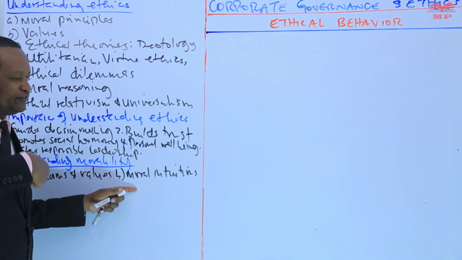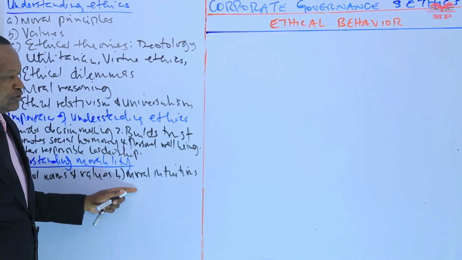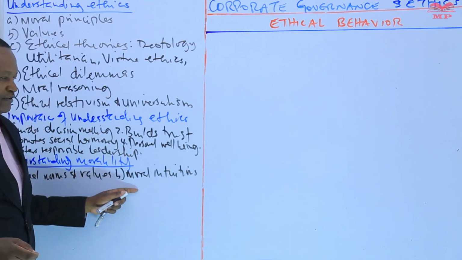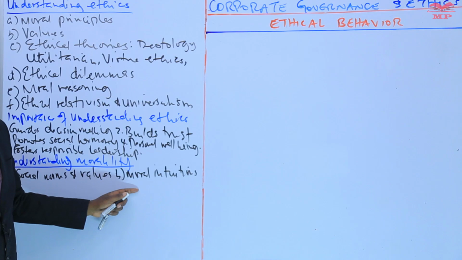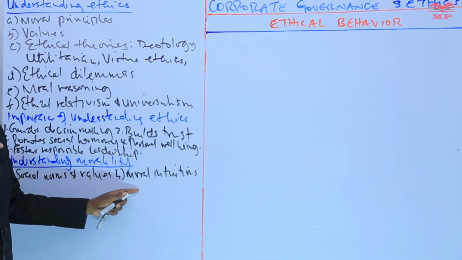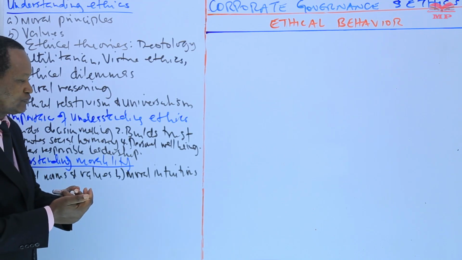You know intuitively from your heart that this is wrong, stealing is wrong, cheating is wrong, and such like, without having to refer to any written law. And they are often based on emotions, empathy, personal experiences, and so on.